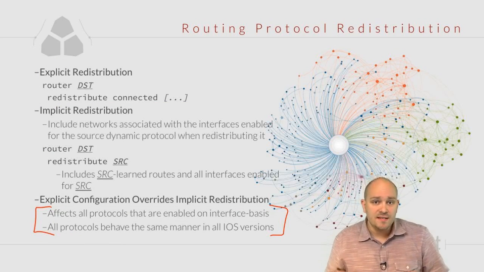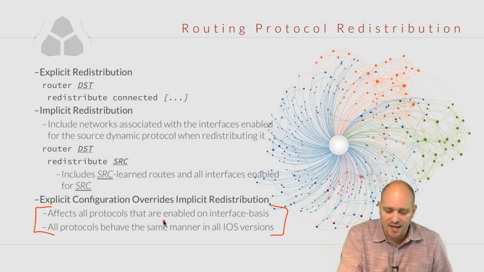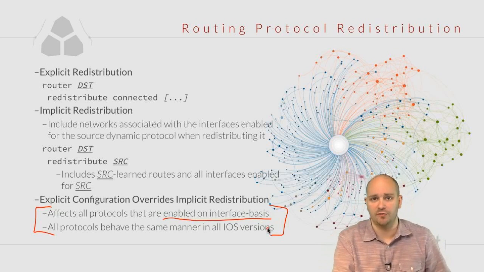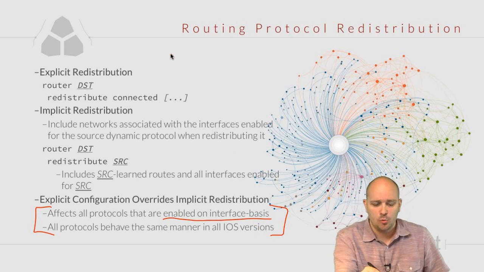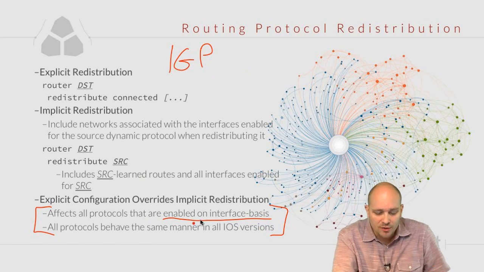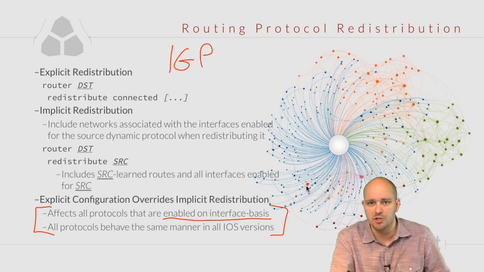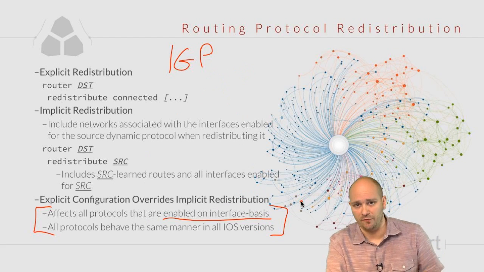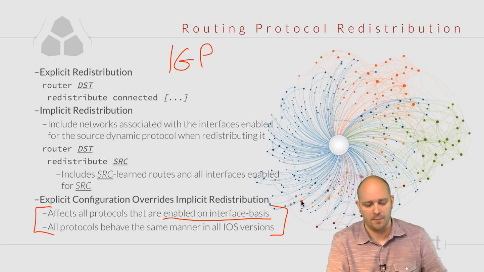First of all, this behavior affects all protocols that are enabled on particular interfaces on a per-interface basis, which means that this affects all IGPs. The only exception to this particular behavior is BGP, which is not enabled on a per-interface basis but on a per-neighbor basis.